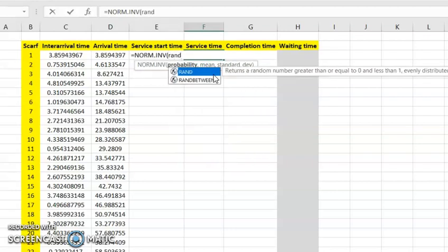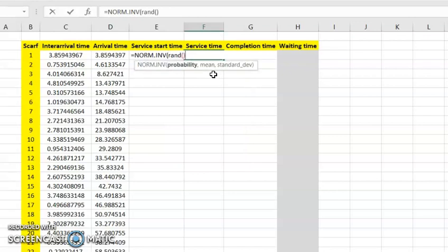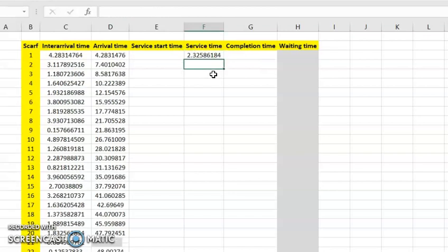Since it is random, we are going to put rand, and the mean is 2 and the standard deviation is 0.5.